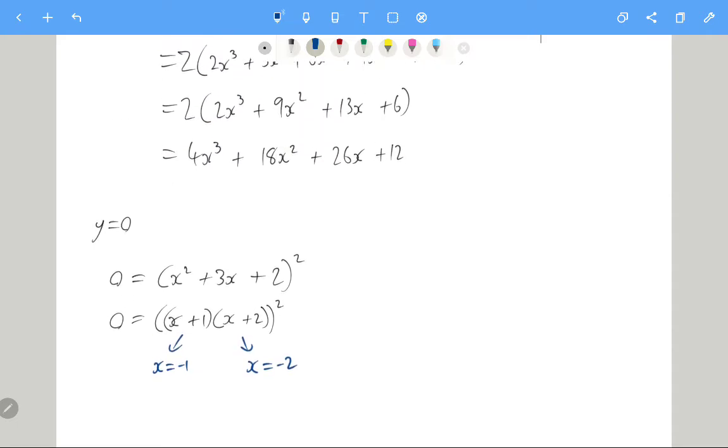And let's sub both of these into our gradient function. So let's do that.